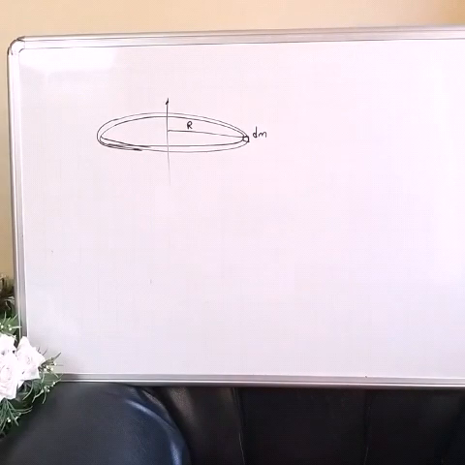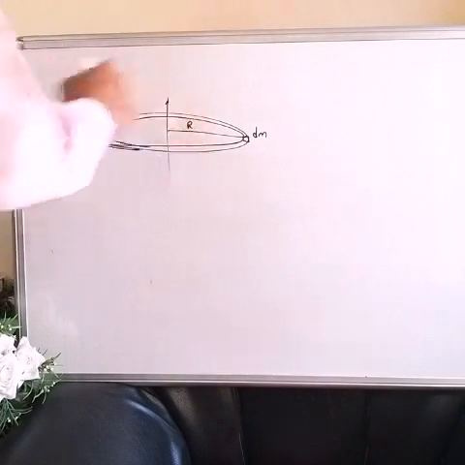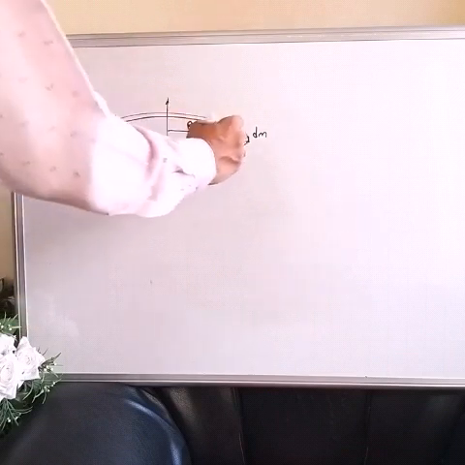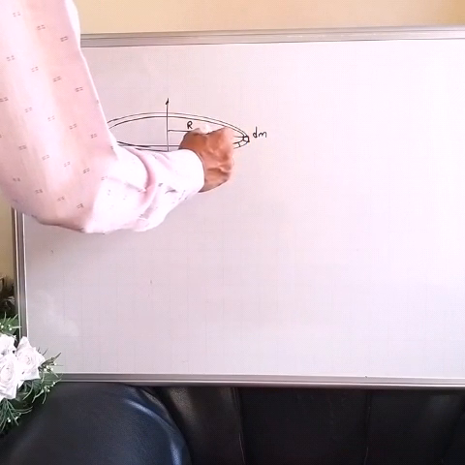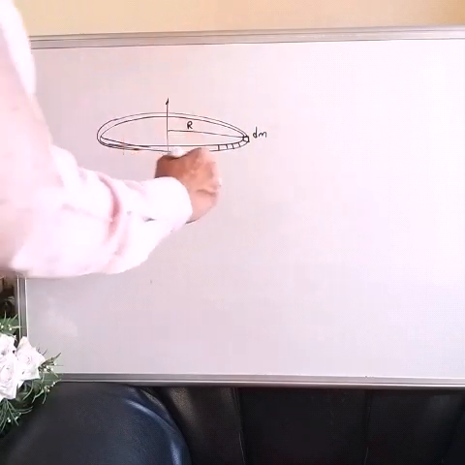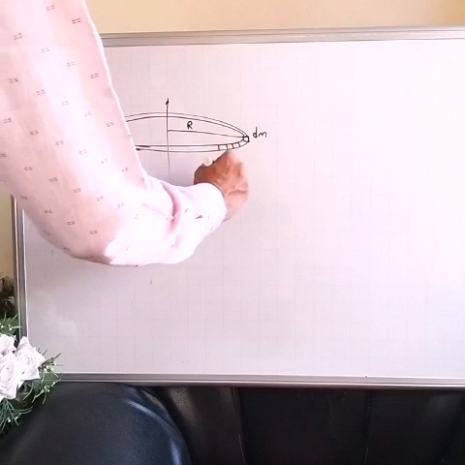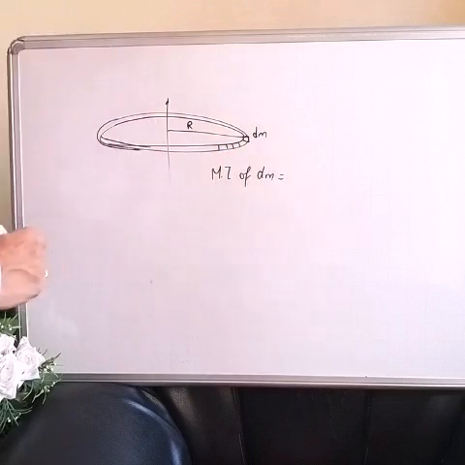Now look at the board. There is a uniform ring of radius R, and this ring is made up of a large number of small elements, each of mass dm. If I want to find the moment of inertia of mass dm, what will I write?